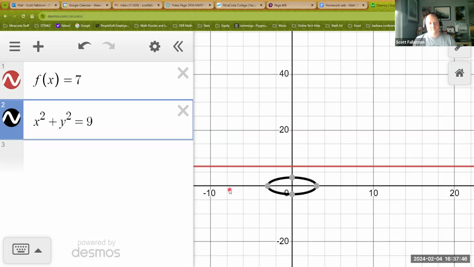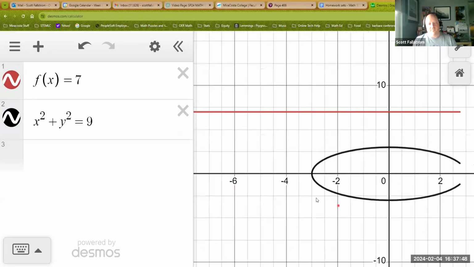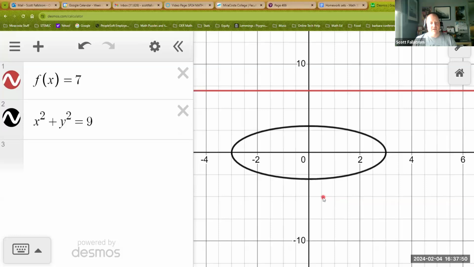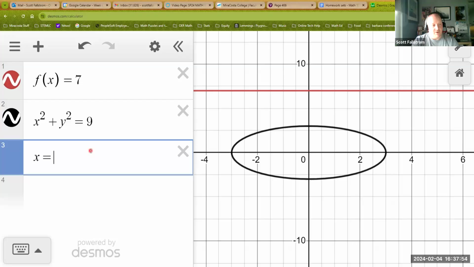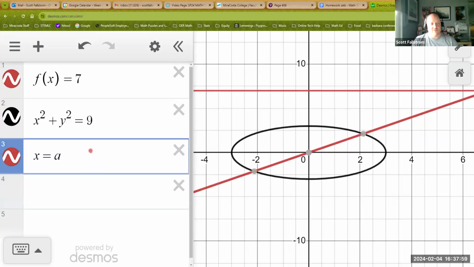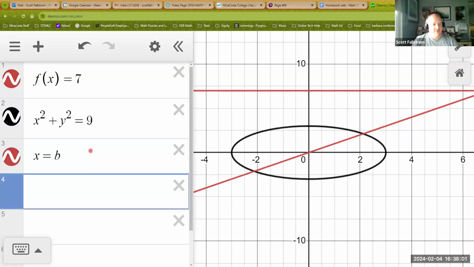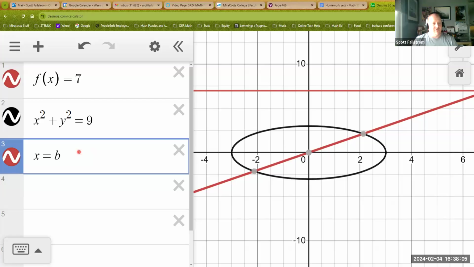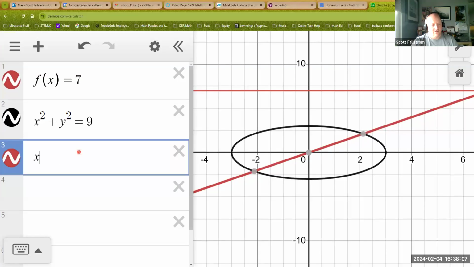Okay. Now I'm going to put something else up here. Take a look at this thing. That's a cool shape, right? But what we're asking is, is it a function? So what we want to do is look at, oh, I gotta be careful. Did I already define b? I don't think I did.